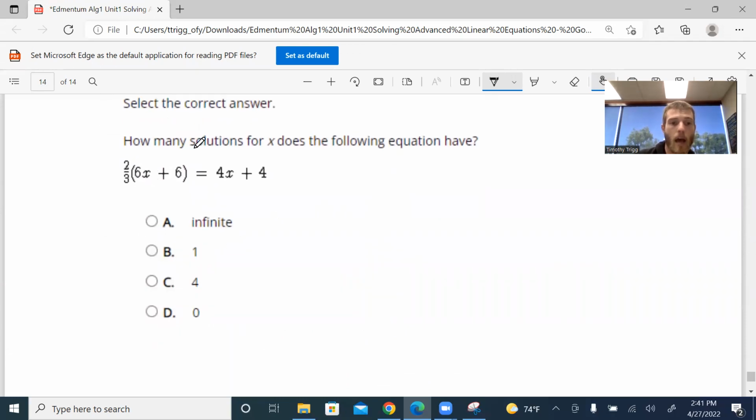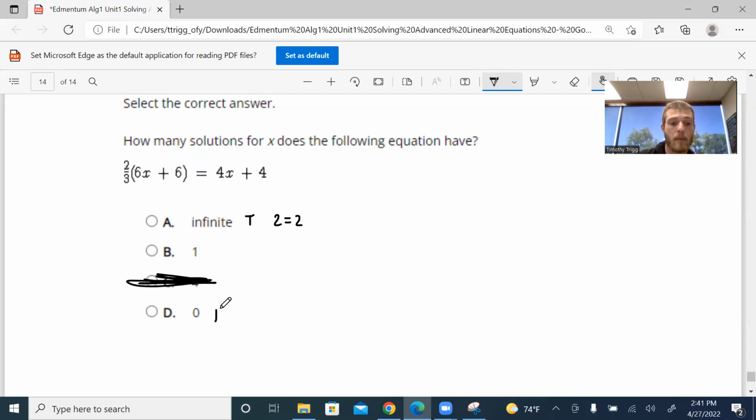All right, how many solutions does this have? Well, it can't have 4 solutions, I'll tell you that. It's either going to have infinite solutions, a single solution, or no solutions. Infinite solutions will be a true statement like 2 equals 2. That's a true statement with no x's involved. That'll have infinite solutions.